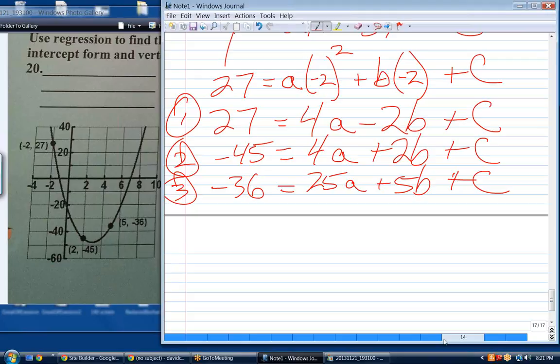Tab right, put a B. Tab right, put a C. All right. Now, go down to row 1 and put in our 3 A values. Hold on, let me think about this for a moment.